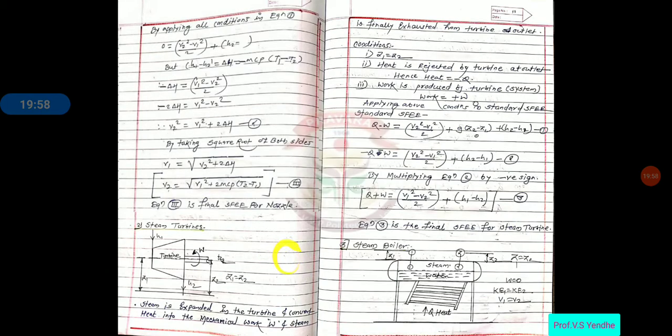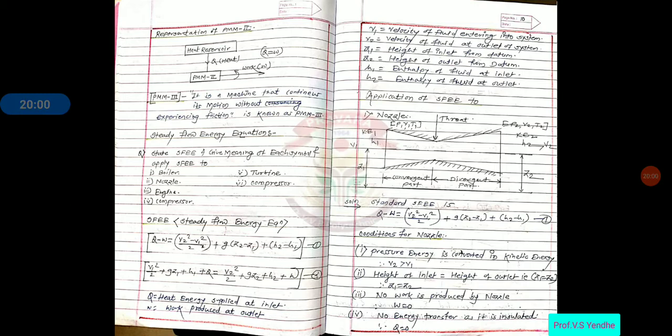W is also 0, so finally Q is equal to 0 plus 0 plus H2 minus H1. Finally, Q is equal to H2 minus H1. So equation number 2 is the final steady flow energy equation of the boiler.